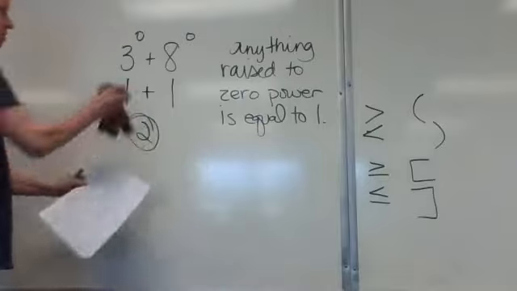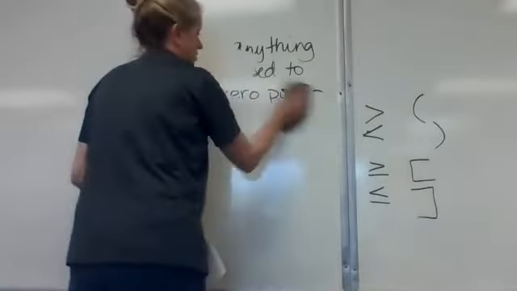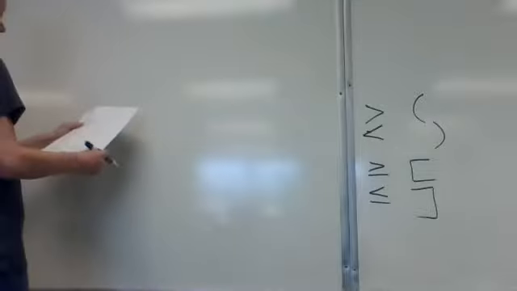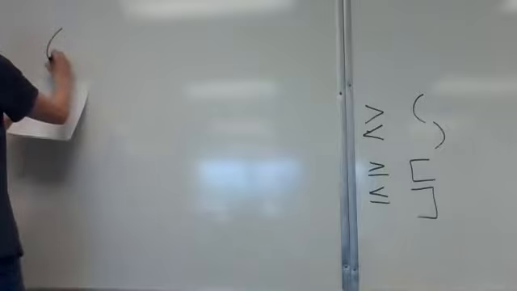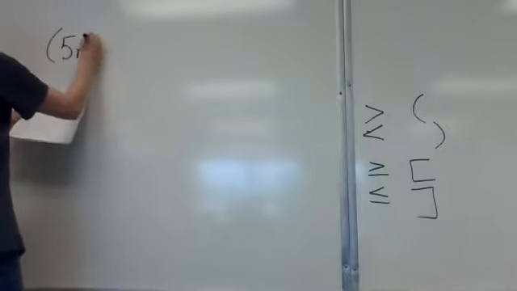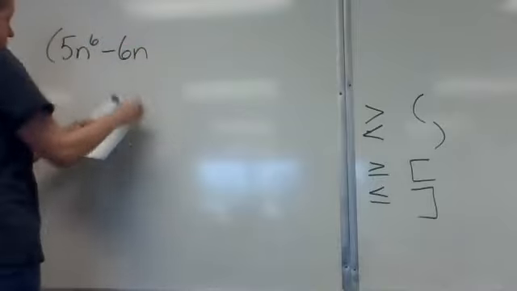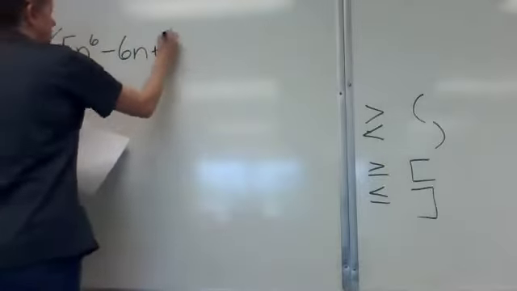Right, number 6. Perform the indicated operation, and we have 5n to the 6 minus 6n, plus 6n to the 4th.